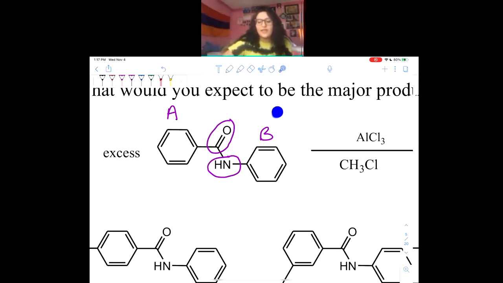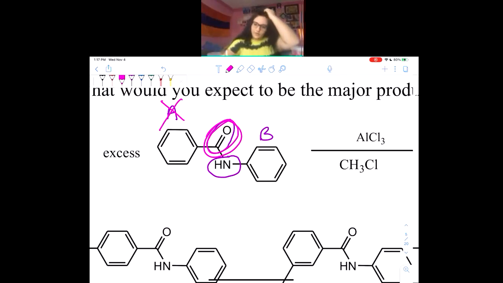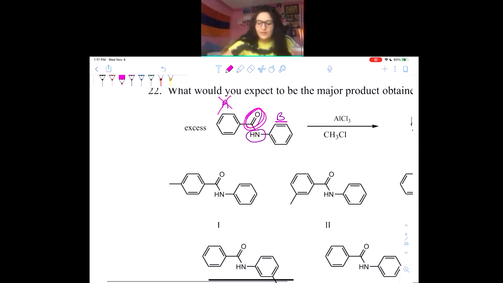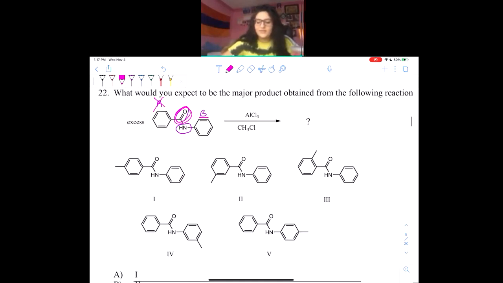So between ring A and B, which one do you think will be active? B, exactly. Ring A, since it's attached to this deactivator, will not work towards Friedel-Crafts, but ring B will. So we have to look for the answer choice that adds to ring B, and more specifically, since that is an activator, where does it direct?